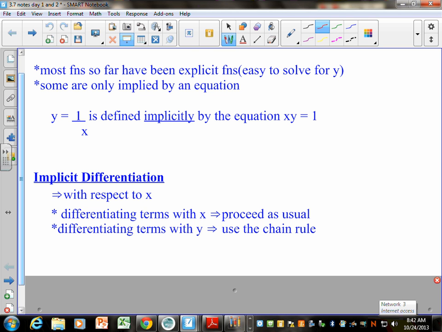You might need the chain rule, product rule, or power rule, but you take the derivative as normal. But when you differentiate with y, you have to say, I'm doing this with respect to x. Basically, you have to multiply by the derivative with respect to x every time. It's weird at first, but once you get the hang of it, it's not so bad.